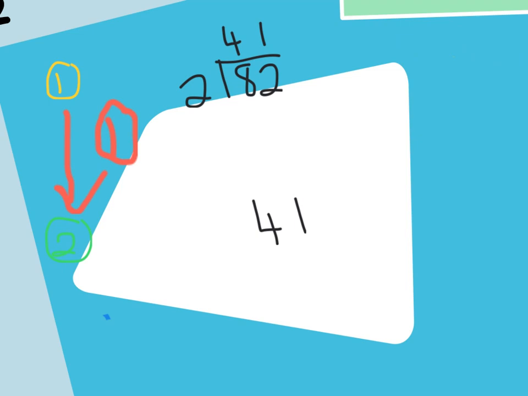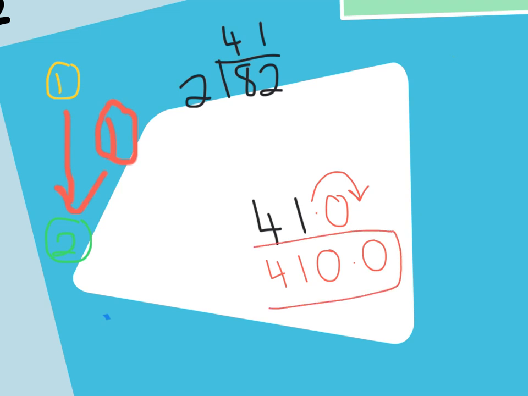And remember, if you divide by a decimal, the number's always going to get bigger. So if we've got 41.0 and we move it 1 decimal point, what we've got is 410.0, and that is our answer.